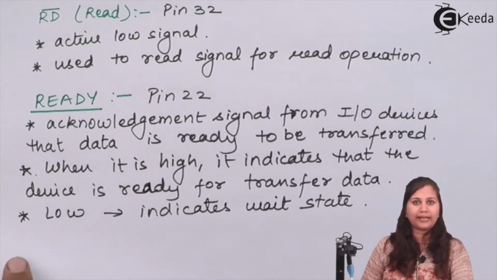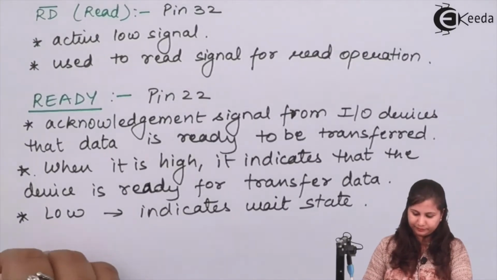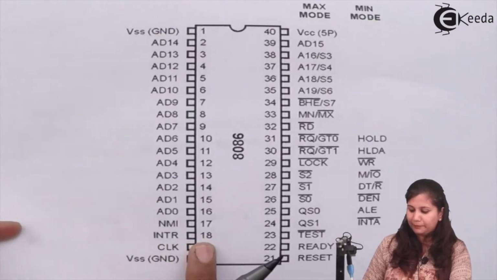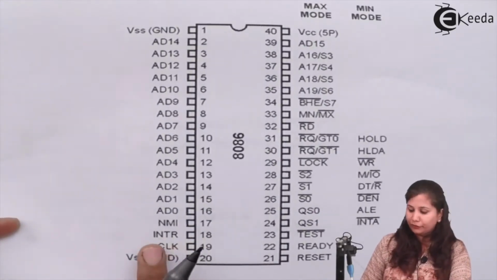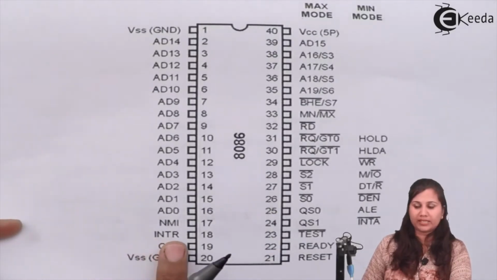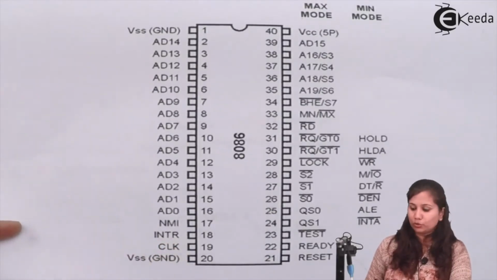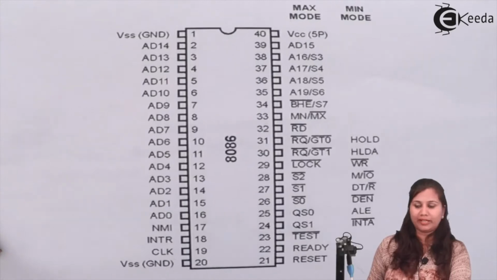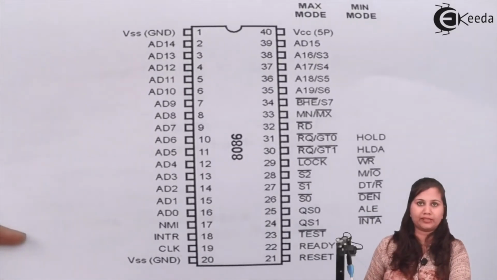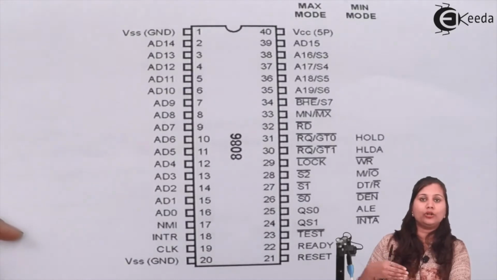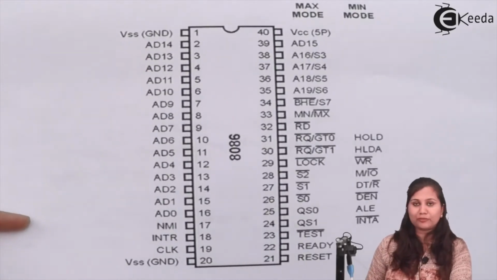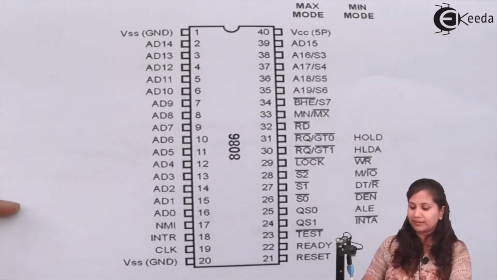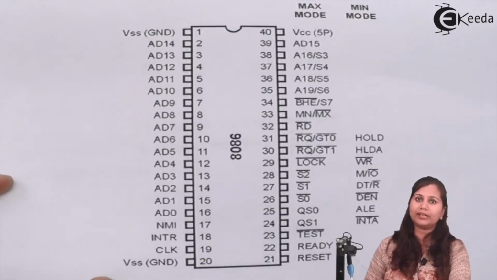Next we have the INTR signal. This INTR signal is available at pin number 18. You can see in the pin diagram at pin number 18 we have INTR. The full form of this signal is interrupt request. It means that when this signal is given to the microprocessor 8086, some peripheral or input output device wants to interrupt the microprocessor. They are sending a request to interrupt the microprocessor, so that the microprocessor first finishes its operation and then executes the service routine of that interrupt.